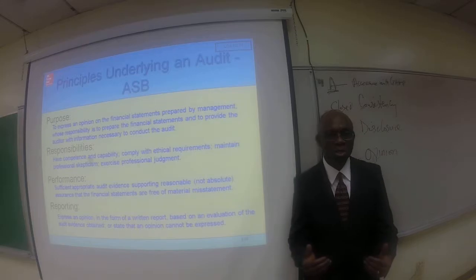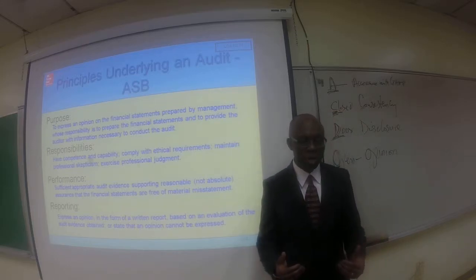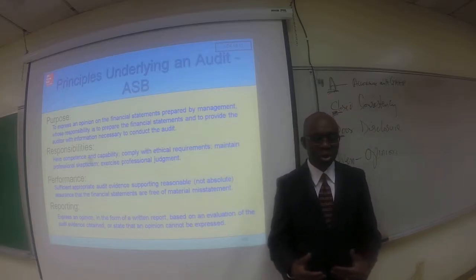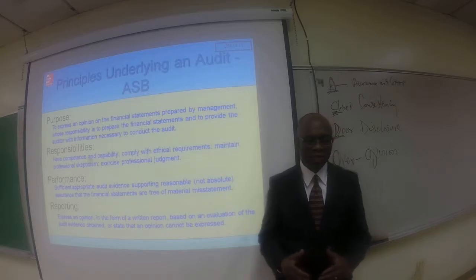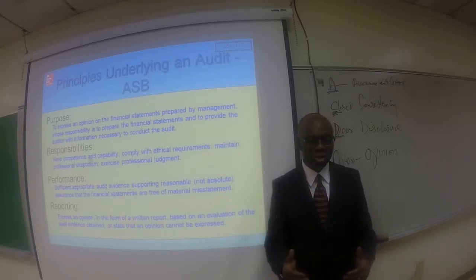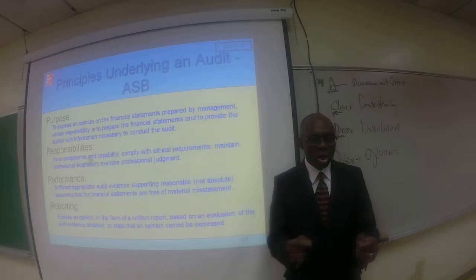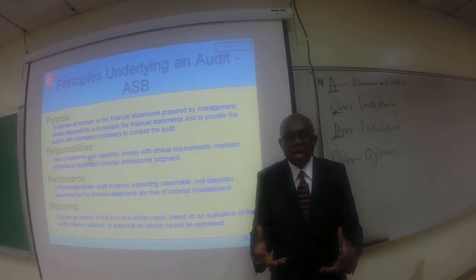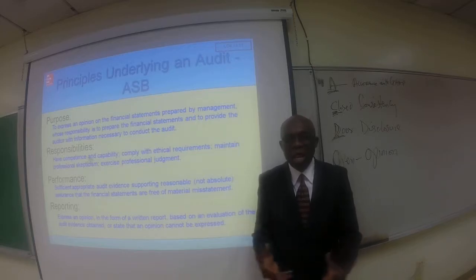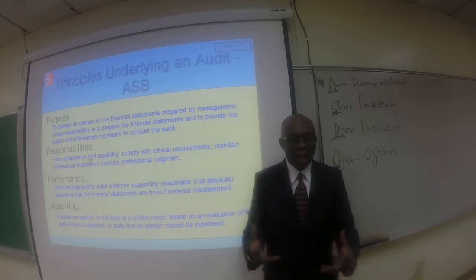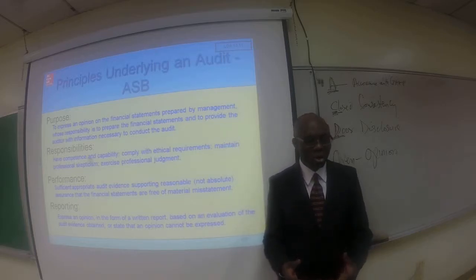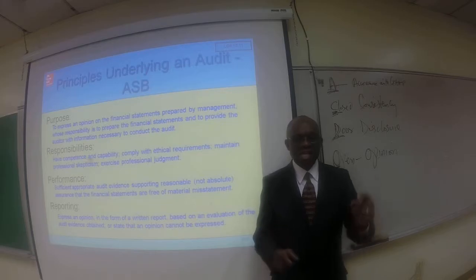And the third important principle is performance. During the course of doing our work, we are required to gather sufficient appropriate audit evidence supporting a reasonable assurance that the financial statements are free of material misstatements. So the evidence that we are going to gather and analyze in order to help us express an opinion has to be sufficient.